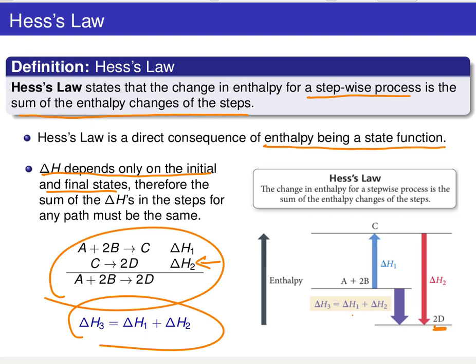And our goal then is to figure out this delta H3 in purple, the magnitude of this purple arrow. Well, to do that, all we need to do is add together how much we go up and how much we drop down. And so if you add the blue up and the red down, then you will arrive at this delta H3.